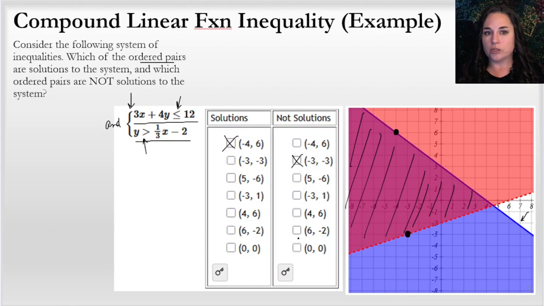So all these points are going to be either a solution or not a solution. Okay, so 5 comma 6, where's 5 comma 6? That's definitely, it solves one of them, but it doesn't solve both of them. We need this point to solve both of those inequalities. So this is a no as well.